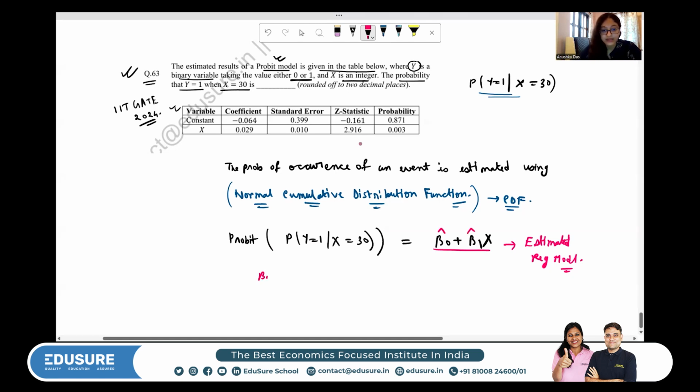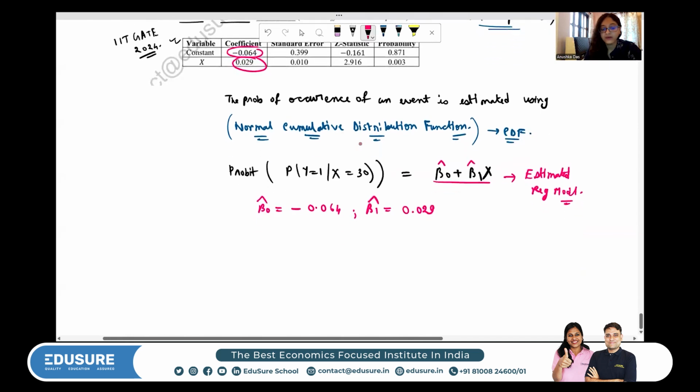So what is beta naught cap? This is given by this coefficient, so the value is minus 0.064. And what is beta 1 cap? This is the coefficient corresponding to x, which is 0.029. Right? Now, what do you have to do next?